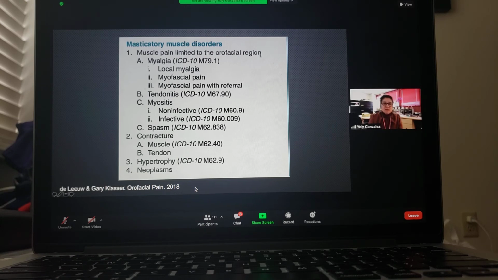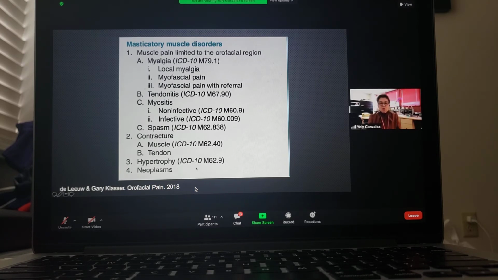Among them, as you can see here in this table, you have tendonitis, which implies pain on the tendon with an inflammatory component, myositis, which implies an inflammatory process in the muscle, muscle spasm, muscle contracture, hypertrophy, and neoplasm.